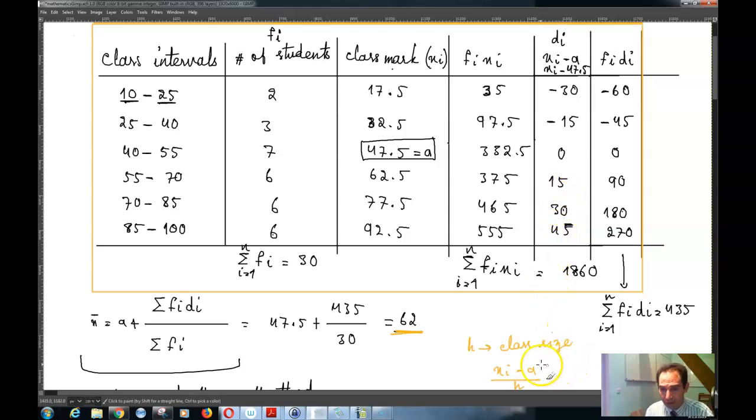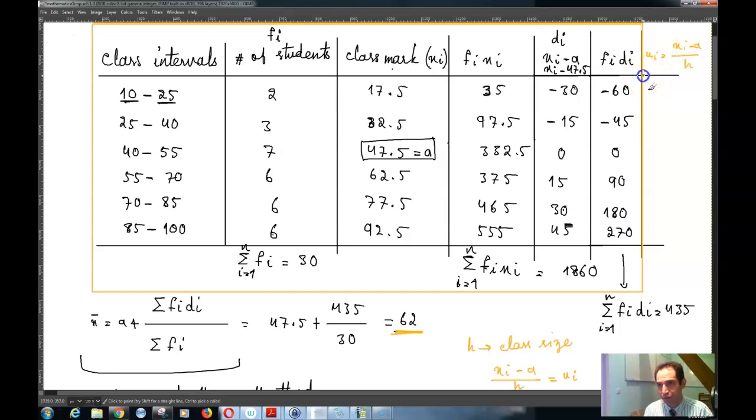So if I divide x of i minus a, which is essentially my d of i, by the class size, I can call it u of i, right? So I can write u of i is equal to x of i minus a divided by h.